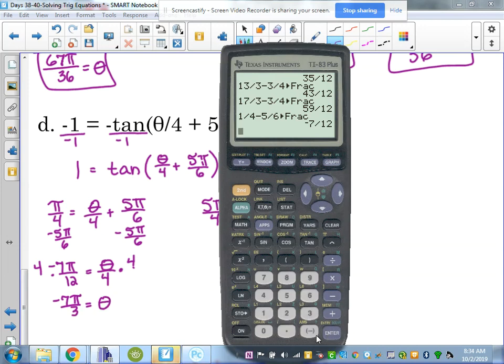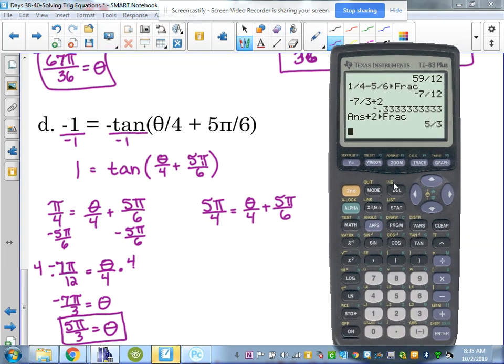That's a negative answer. Negative answers are not allowed. Negative 7 pi over 3 plus 2, still negative. So I add 2 to it again, and that gets me 5 pi over 3. Okay, 5 pi over 3 is one of our answers.